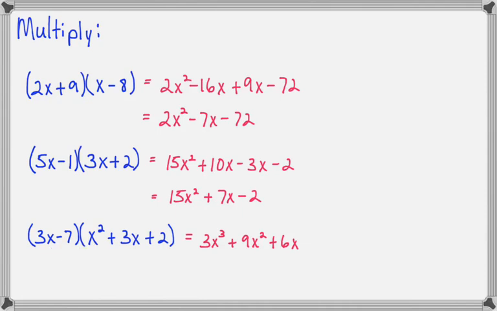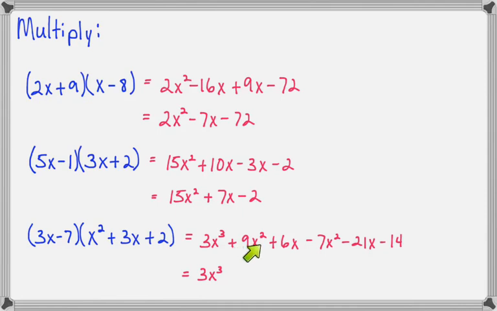Negative 7 times x squared is negative 7x squared. Negative 7 times 3x is minus 21x. And negative 7 times 2 is negative 14. Now let's look for like terms that we can combine. The 3x to the third is the only x to the third term that we have, so we have to keep that.